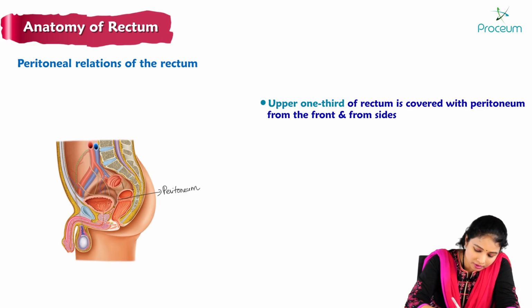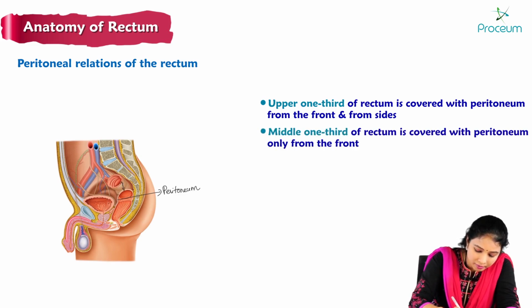So in the upper one-third it is both anterior as well as on the lateral side, and in the middle one-third it is only on the anterior aspect.